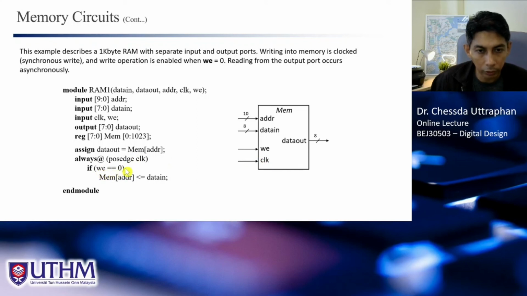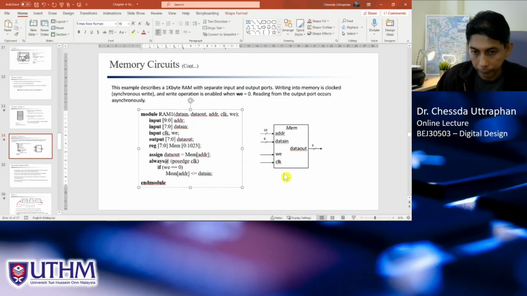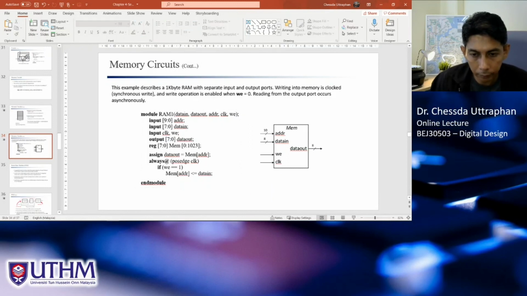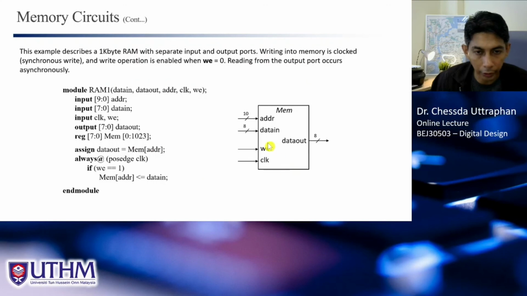If WE equal to 0, in this case, should be equal to 1. Change this to 1. Okay, because we have the positive active high WE signal. So if WE equal to 1, then we write into the memory.